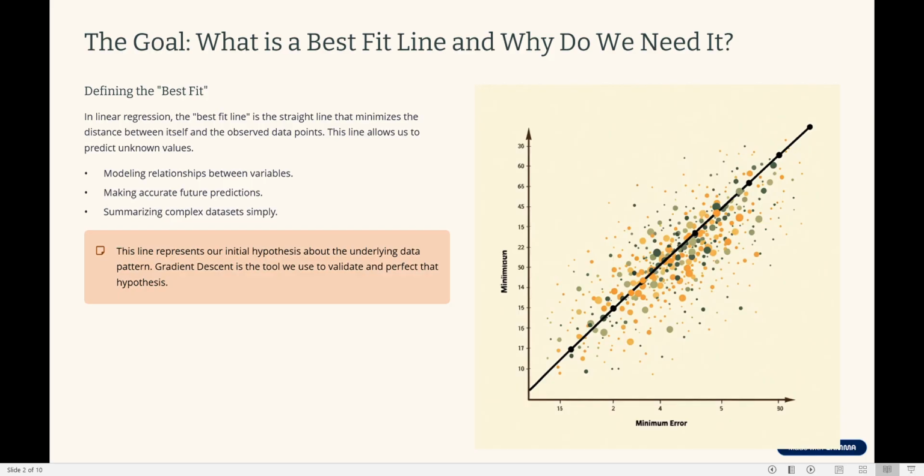Second is to make accurate predictions for new data, and to summarize a complex data set in a simple visual form. Think of it as our initial hypothesis about how the data behaves. Gradient descent is a mathematical process that helps us refine this hypothesis and get the most accurate line possible.